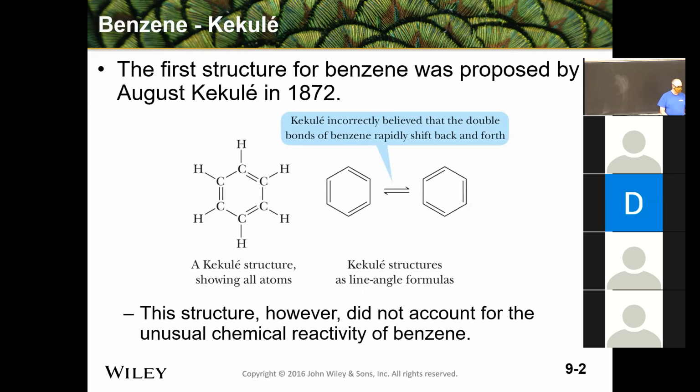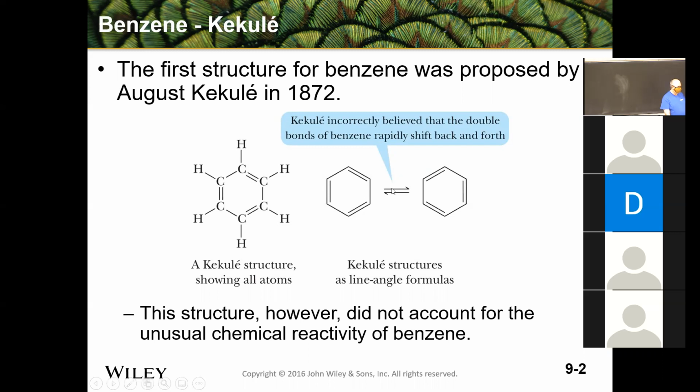And according to the story, he fell asleep in front of the fire, and he had a dream, and he saw all these molecules in front of his face, and in the midst of it all, there was a snake that reached around and grabbed its tail in its mouth and started spinning around and around. And supposedly he got the inspiration for the structure of benzene.